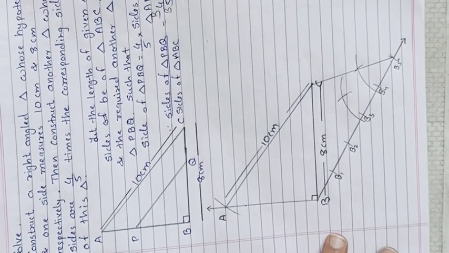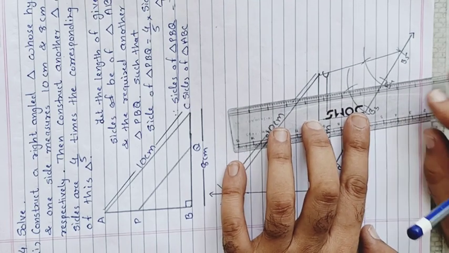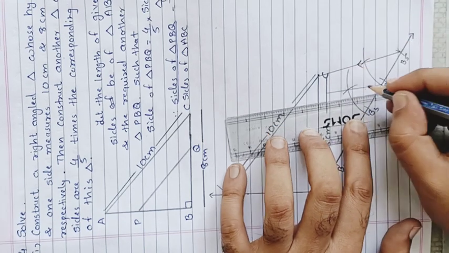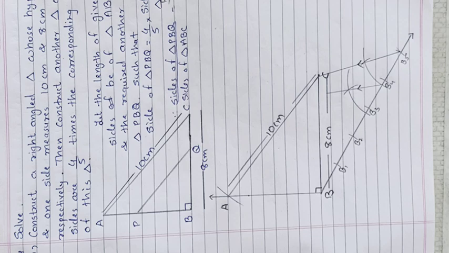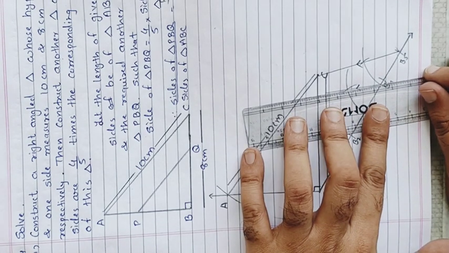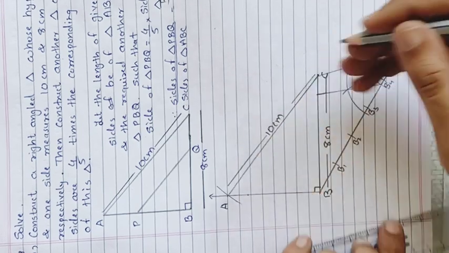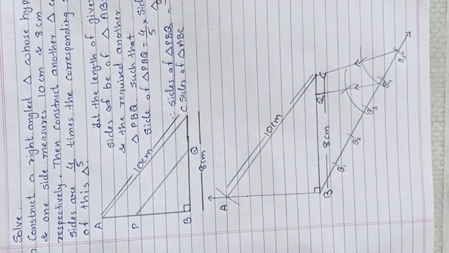I will connect B4 and this point so that these two are parallel to each other. I connected this only, the still line. I need to connect it with this base. Now here I got point Q and they are parallel to each other.